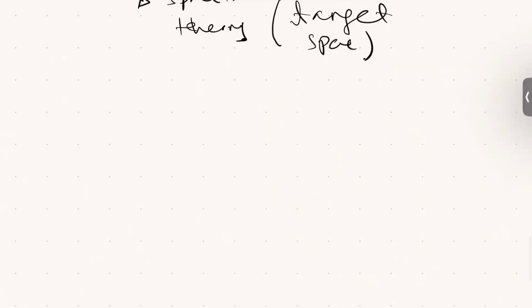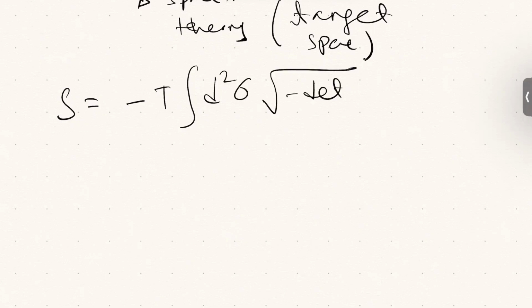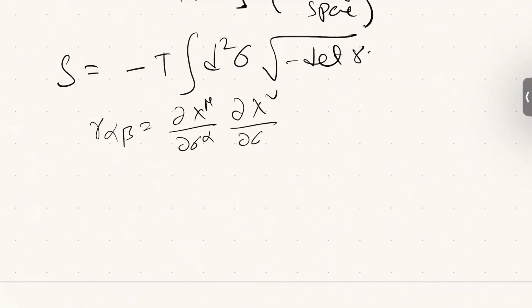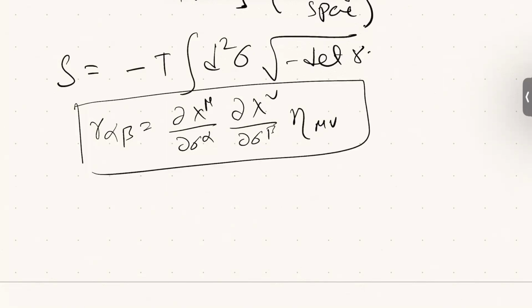So Rakin kind of showed that this is, sorry. So basically, right now we are considering a string moving in a black metric background. Okay.